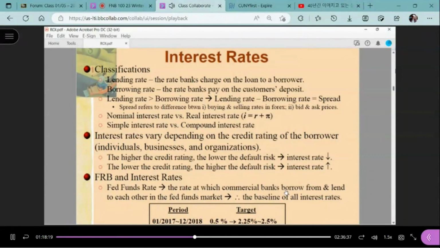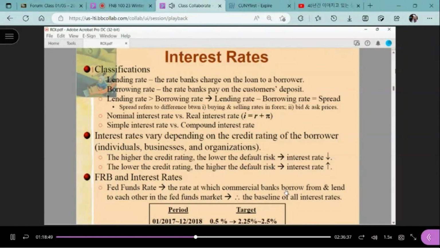And in this case, they will pay something like 0.1% interest rate on the savings. This rate is called the borrowing rate.